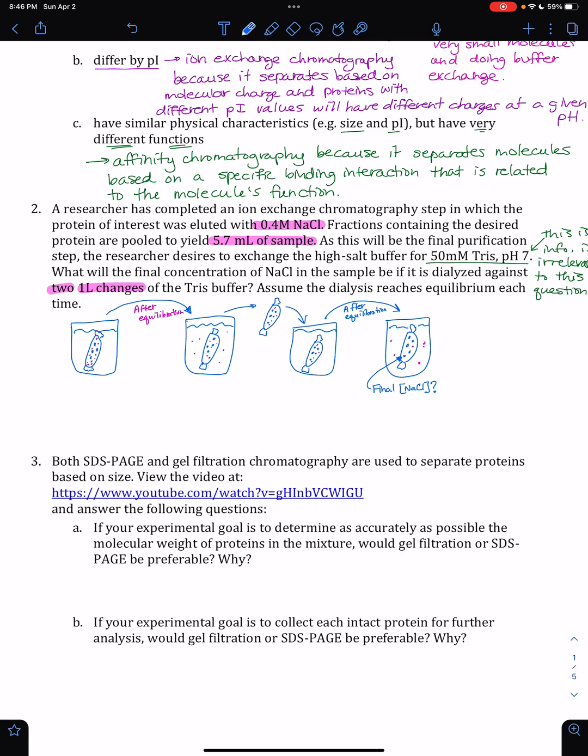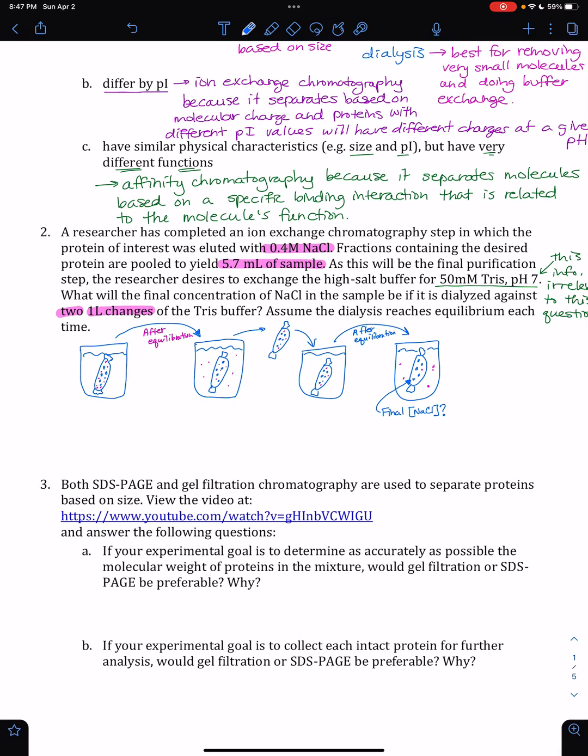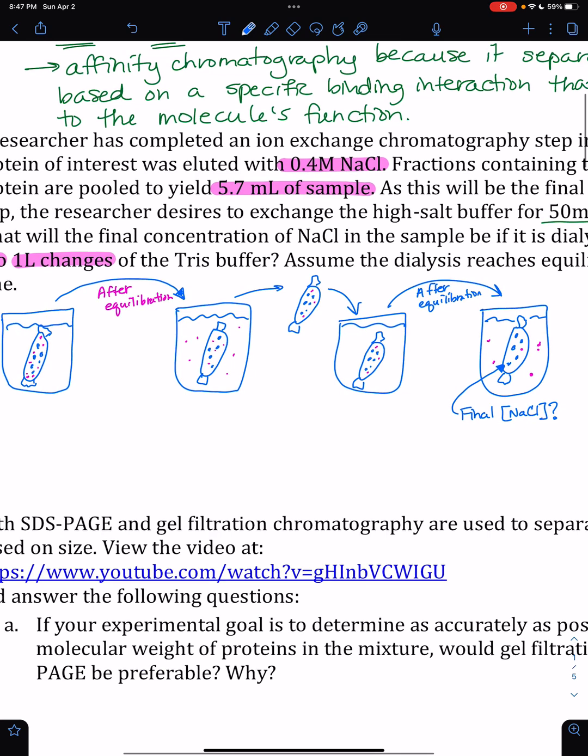So there are two steps where our concentration changes. I'm going to zoom in here again. All right, so this is our initial concentration, right? So our initial concentration we know, and we know that because it's given up here in the problem. So it's 0.4 molar.